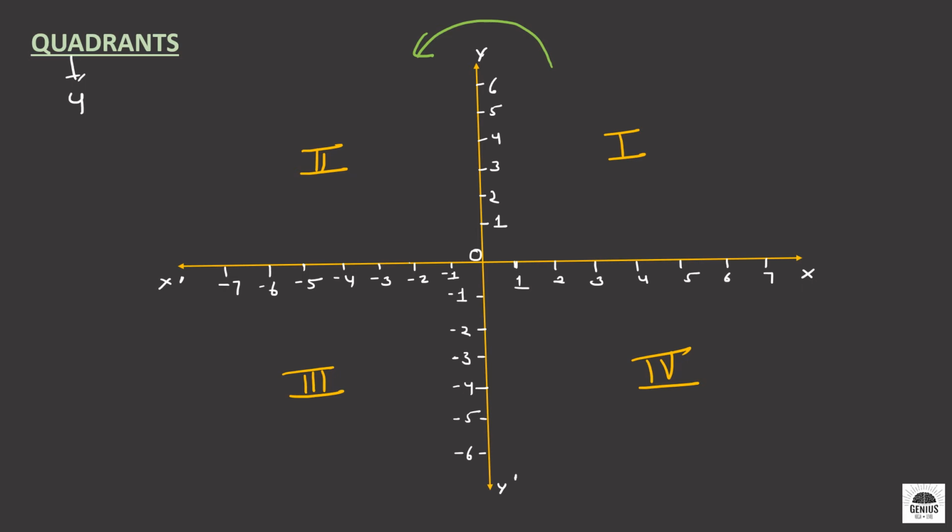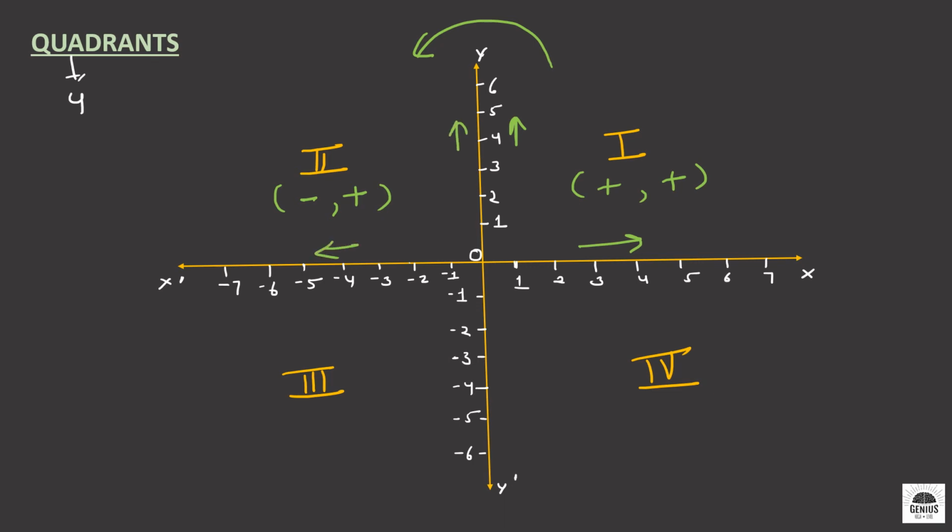Now in the first quadrant, the x and y coordinates will have positive values because the values of x in this first quadrant are positive and the values of y are also positive. Now in the second quadrant, the x and y coordinates will have negative and positive values because the x values are negative in this quadrant and y values are positive.